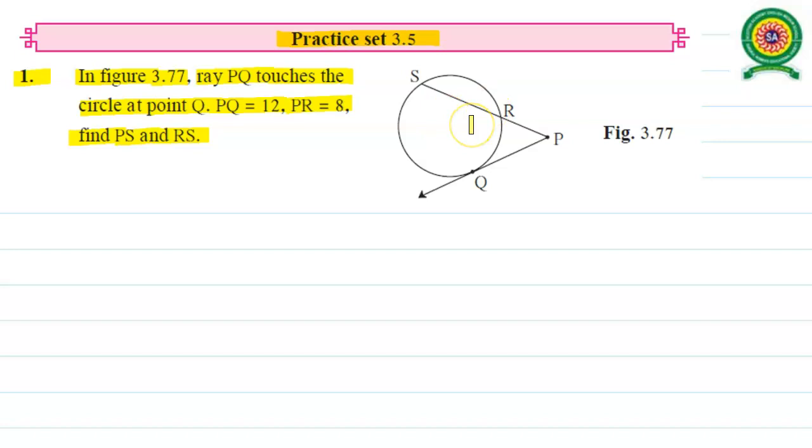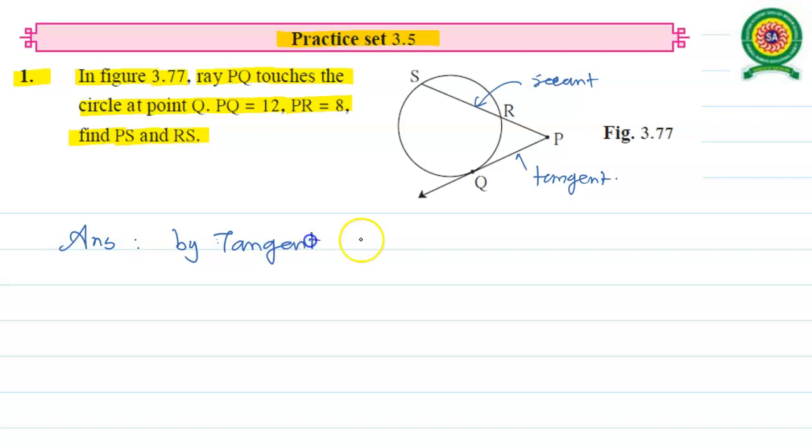Look at the diagram carefully. We have been given the circle. Now PQ is the tangent to the given circle, while segment PS is the secant to the given circle. So here we are using the tangent secant segment theorem.